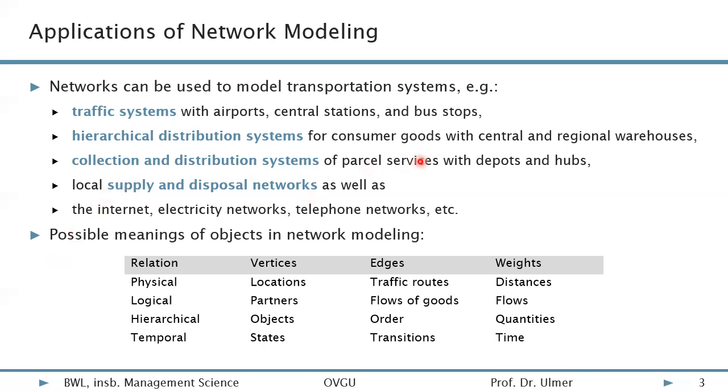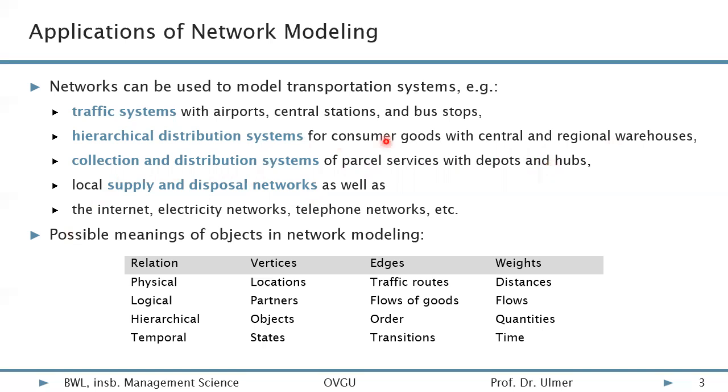So consumer goods with central and regional warehouses like Amazon. We have networks where we have collection distribution systems where there's not hierarchical, but it's all more or less on the same level. So parcel services with depots and hubs, where we can bring something to a hub, but we can also collect something from a hub.